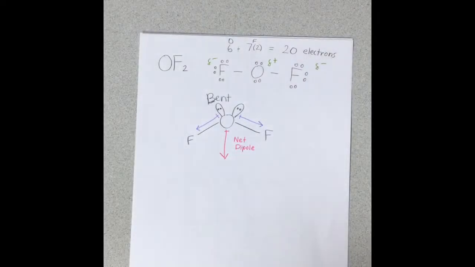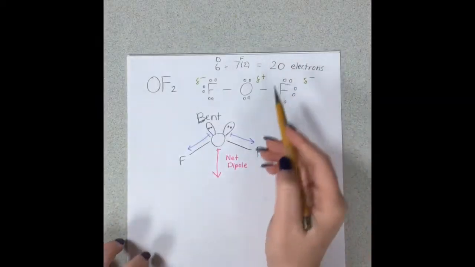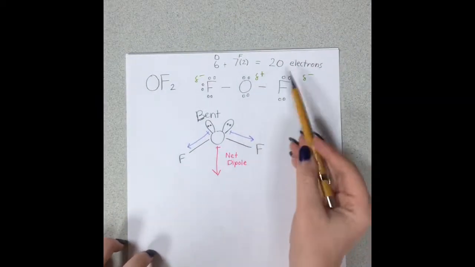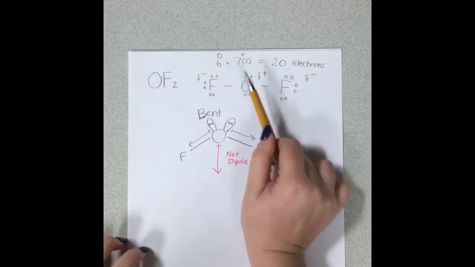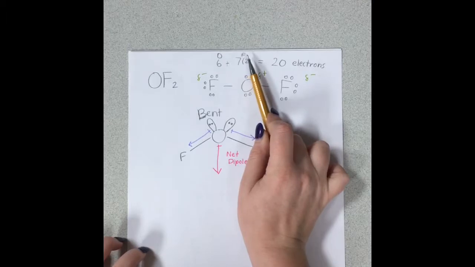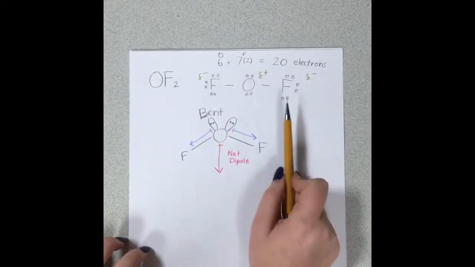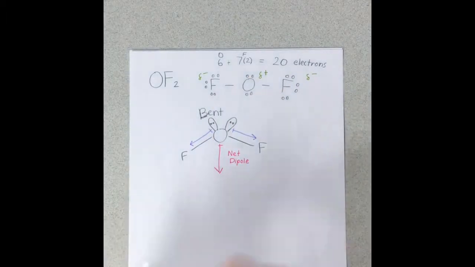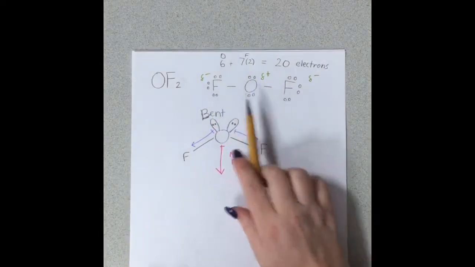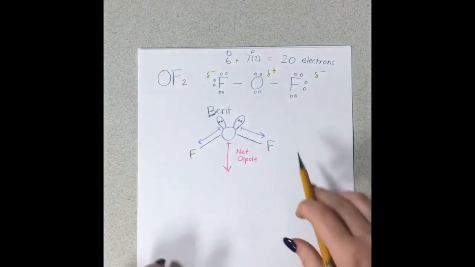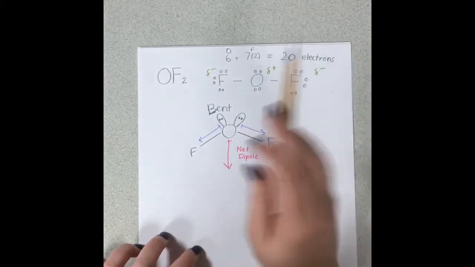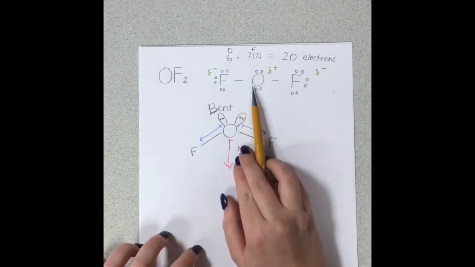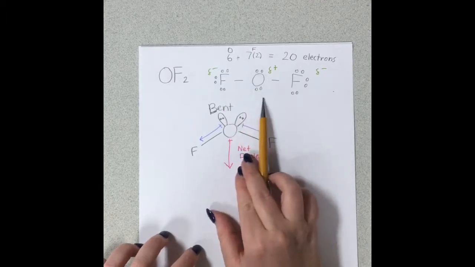So here we have OF2. Now we have 20 electrons, 6 for the oxygen, and 7 times 2 for the fluorines. This is what our Lewis structure is going to look like. As you can see, everything has an octet. But now you might look at this and say, oh, that's linear, because the oxygen, the center atom, has 2 domains.